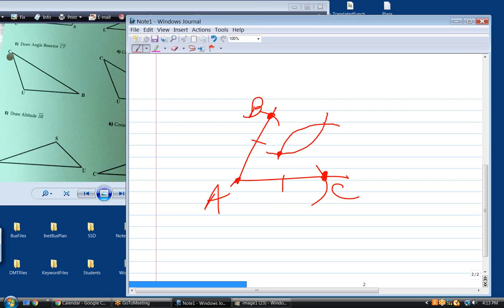Okay. Draw a straight line between those 2 points and A, and you will have bisected A. In other words, this angle will be the same as that angle.